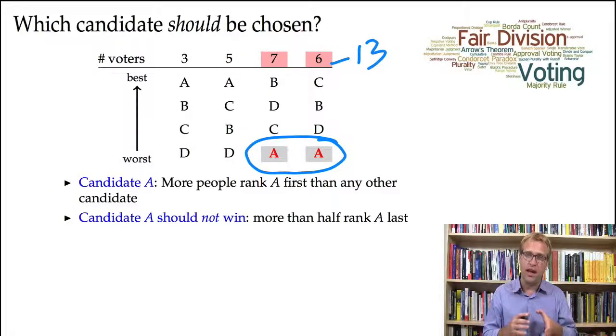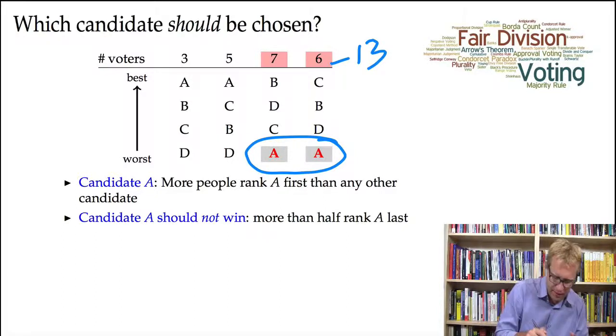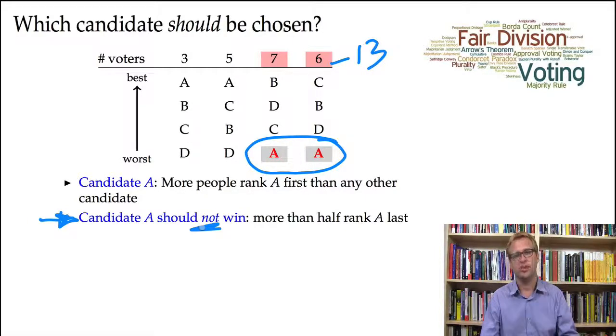It is true that A received more first place votes than any of the other candidates, but more than half of the population believes that A is the worst candidate. And so the conclusion is that candidate A should not win the election because a strong majority, well over half, think A is the worst candidate.